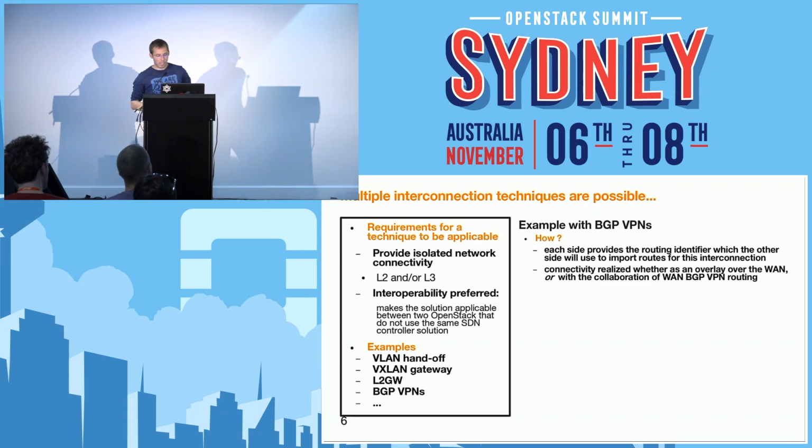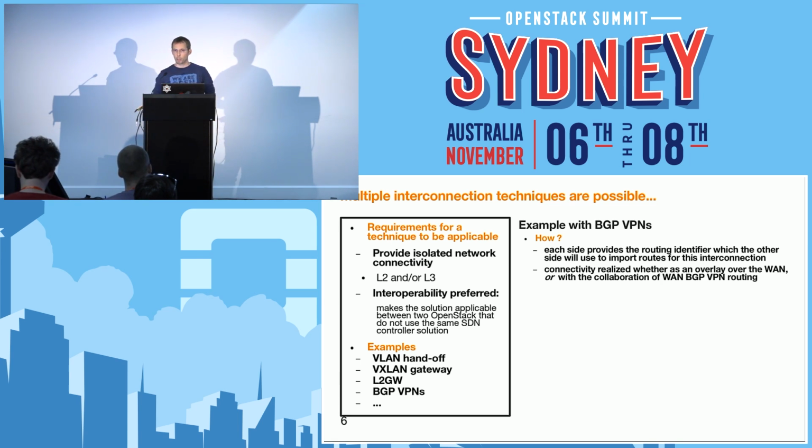When you use BGP VPNs, I won't do a full description of what BGP VPNs are. It's a routing technique used by telcos to realize isolated interconnections. In this case, the information that will be exchanged will be routing identifiers, which are called BGP route targets.